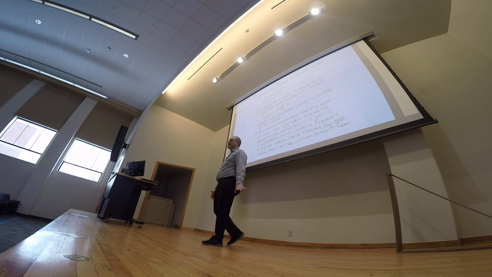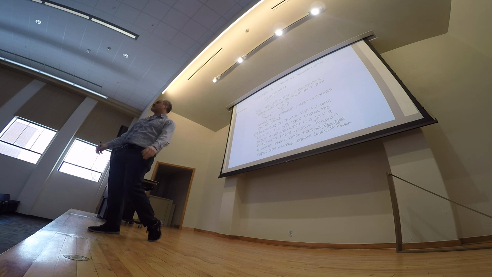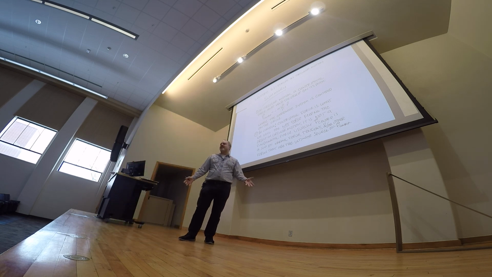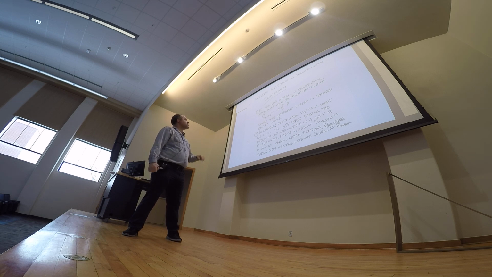But remember, this is not a fundamental force. You can't say, oh, what's the force? Oh, it's mv squared over r. That must be a combination of other forces, be it tension in a string, or gravity, or normal force, that is providing that mv squared over r.